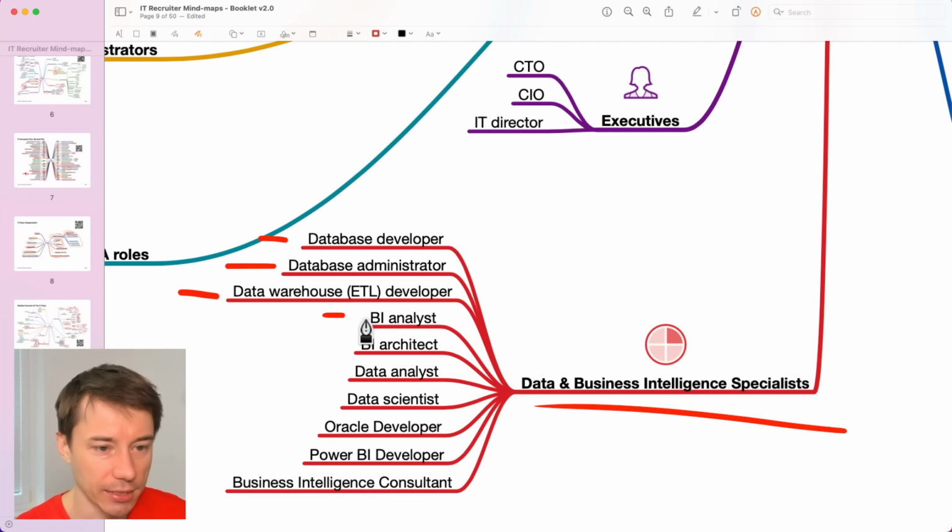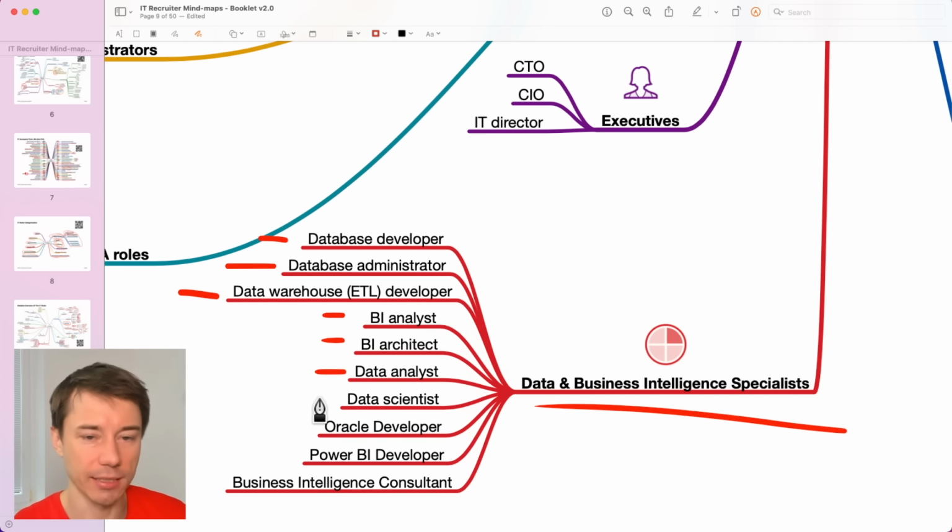A BI analyst or a BI architect, these two are usually part of the business intelligence team. They are closer to business stakeholders. They usually don't know how to create a database. They don't have to, because they often have the industry knowledge. They may have the business acumen, so to speak.